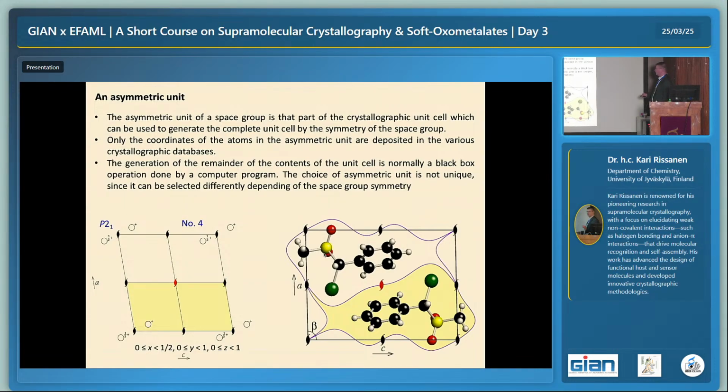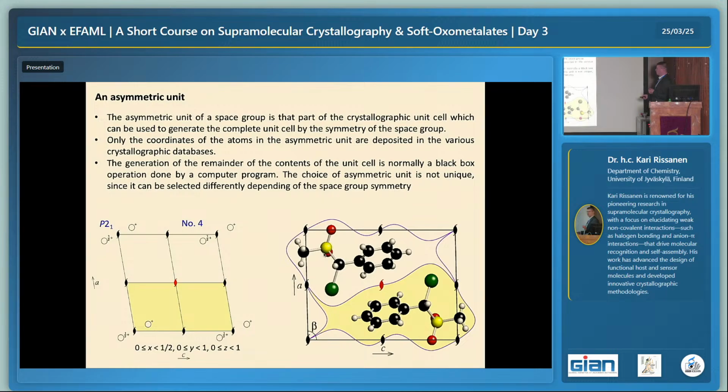So we have to determine half of the unit cell. And this part, which is the white area here, is called the asymmetric unit. The asymmetric unit is a unit which, by repeating it, you get the whole content. And in this case, it creates the other half because there are only 2 molecules.